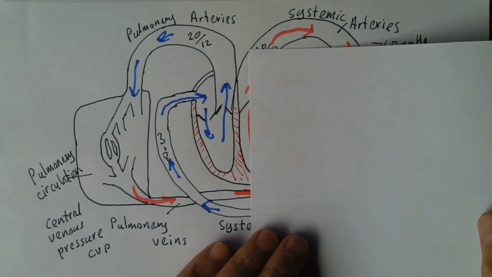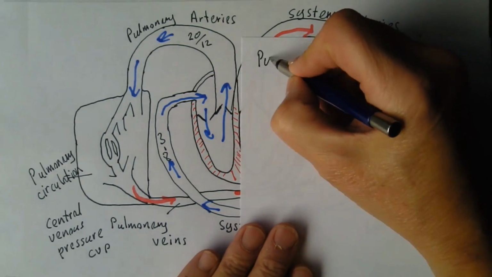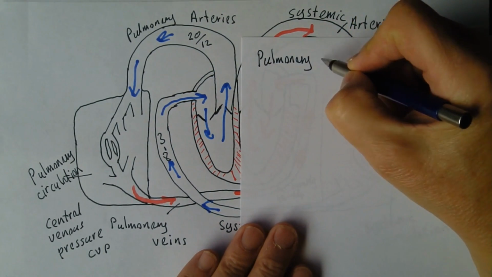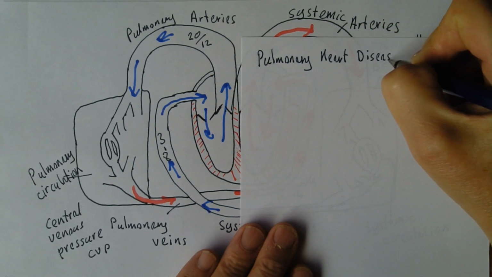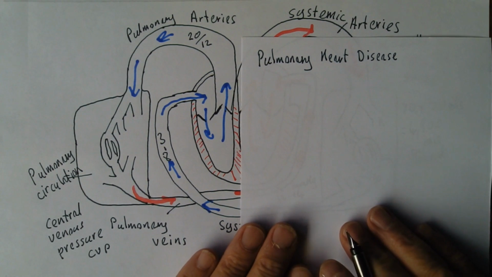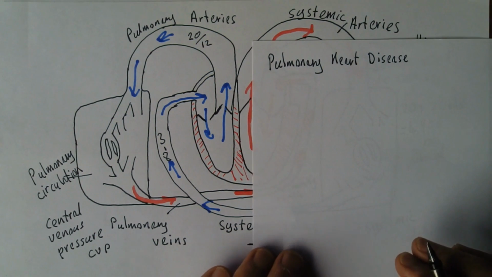So, for example, there's a condition called pulmonary heart disease. In the old days, this used to be called cor pulmonale. And there's two forms of pulmonary heart disease.